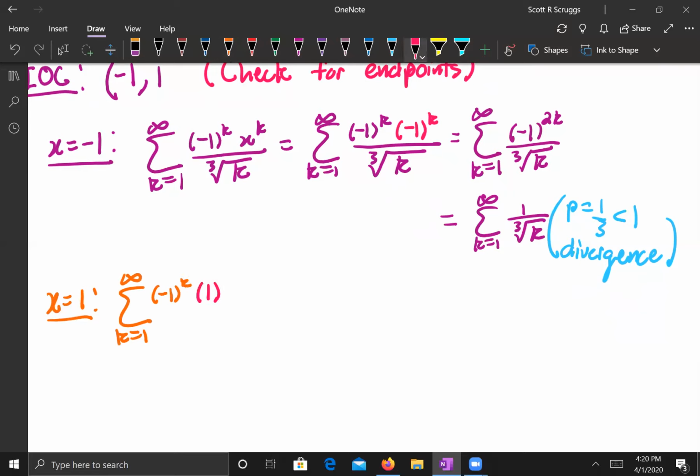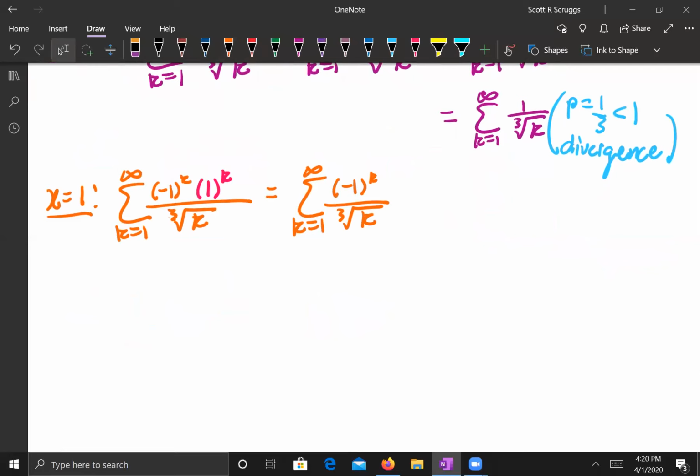And now wherever I saw an x, I'm going to replace it with a +1. A 1 raised to any power just gives me 1. So it's going to be -1 raised to the k over the cube root of k. So based off that series, what test should I do to check for convergence or divergence?